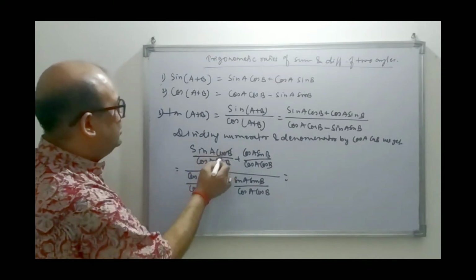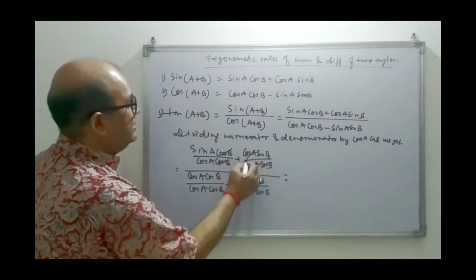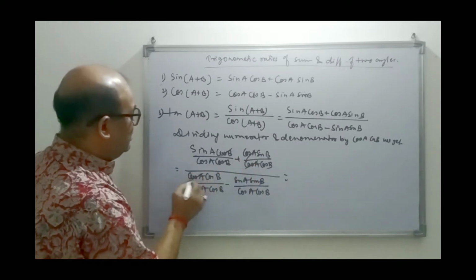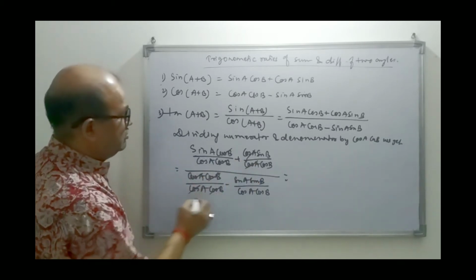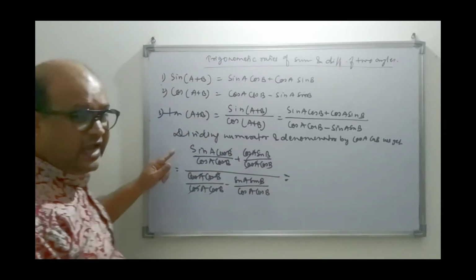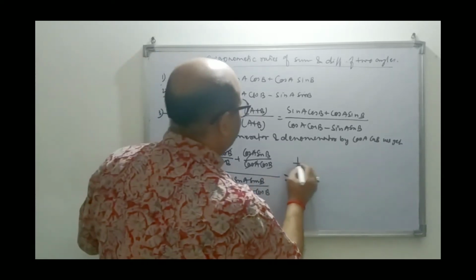Cos B cancels, cos A cancels, cos A cos B cancels. What is left is sin A by cos A, and sin A by cos A is tan A.